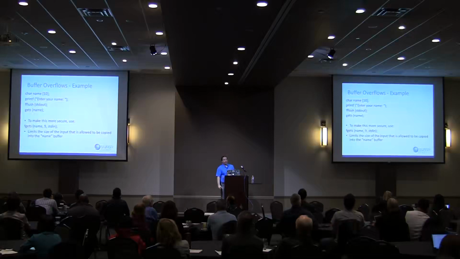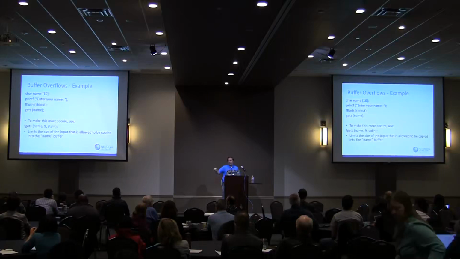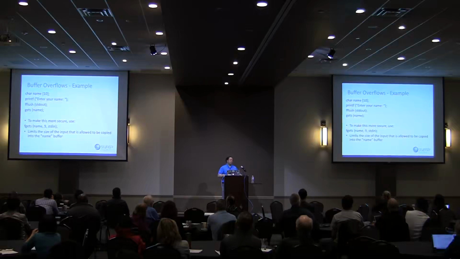And this limits the size of the input that's allowed to be copied into the name buffer. So as somebody's inputting the data, you bound the data input to the buffer that we're storing it in, and it will not allow you to put more data in the buffer than the buffer that we allocated. And that's the benefit of using fgets instead of gets. Make sense?